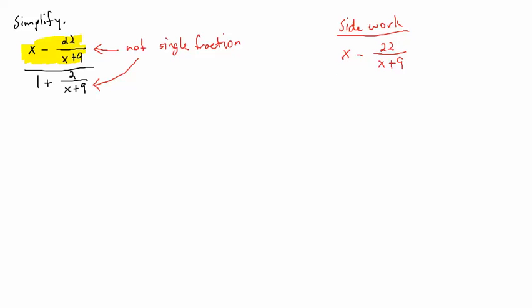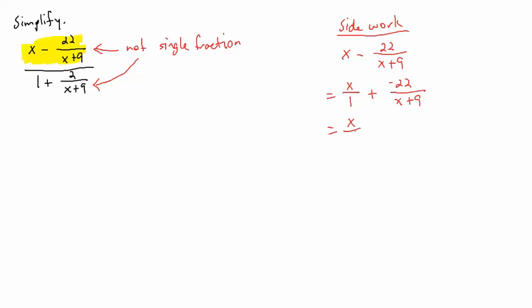I need to subtract these, and so the first thing I'm going to do is turn x, right? x is a fraction, which is x over 1. And instead of minus this fraction, I'm going to change it to plus a negative fraction. I always like to change subtraction to addition. Okay? And then to add these, I need a common denominator.